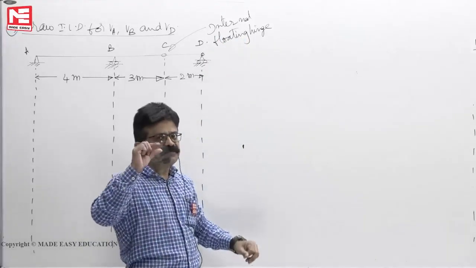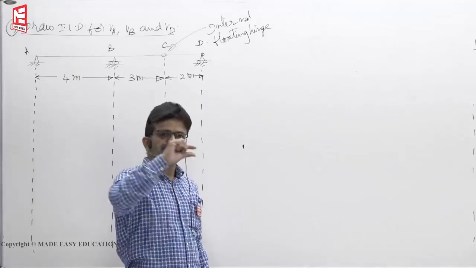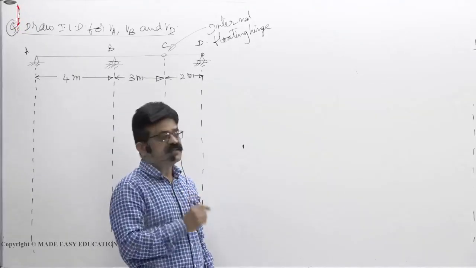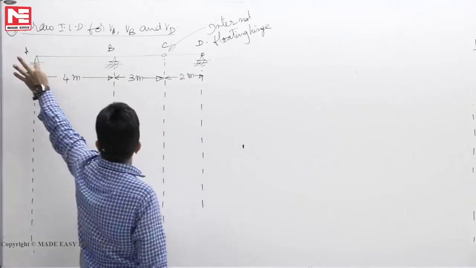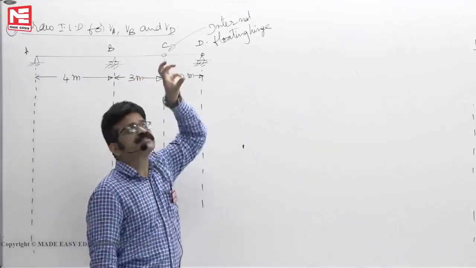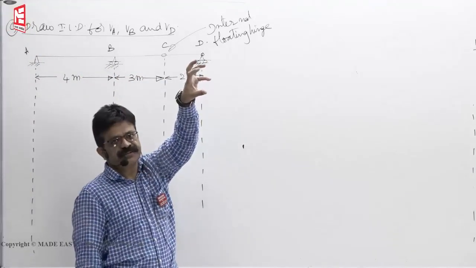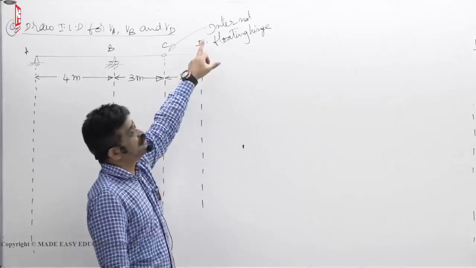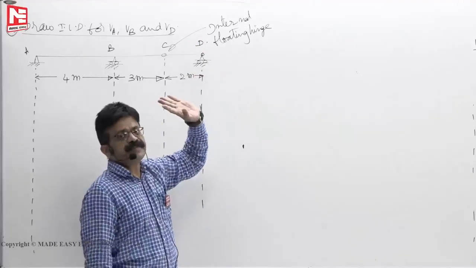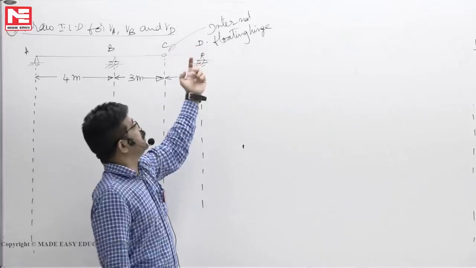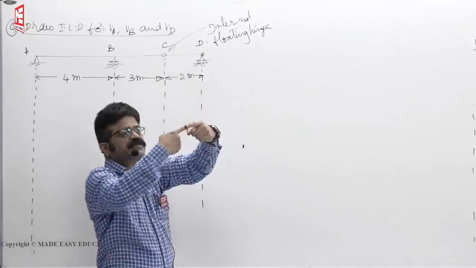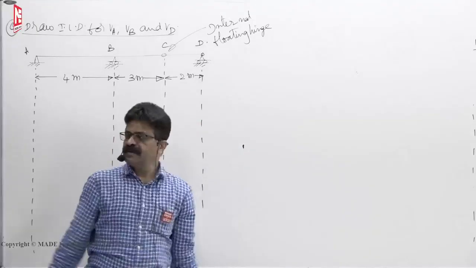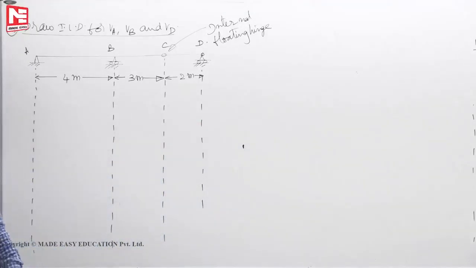Because the hinge can move up and down, it is called a floating hinge. This is a hinge but not floating; it simply stays fixed in position like that. So that's why it is an internal floating hinge. It can move up and down freely without any moment developed. That's why it is called a floating hinge.